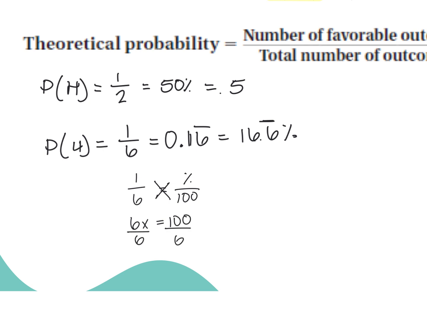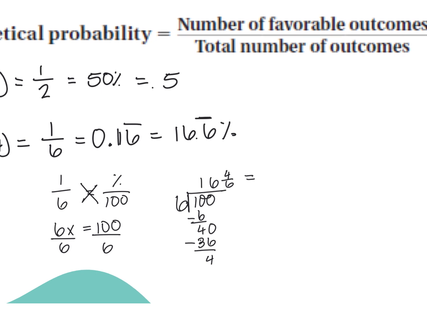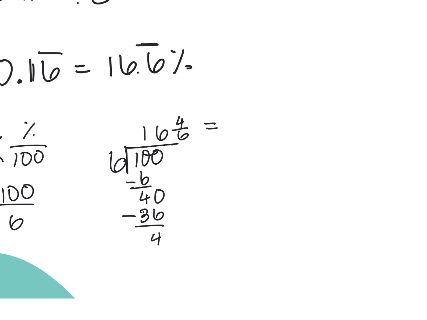Divide it by 6. This goes in once. You're going to get 4. Bring your 0 down, 6 goes in 6 times, and you're going to get 4 left over. So 16 and 4 over 6. But you have to simplify it. Again, like I said, it has to be simplified.